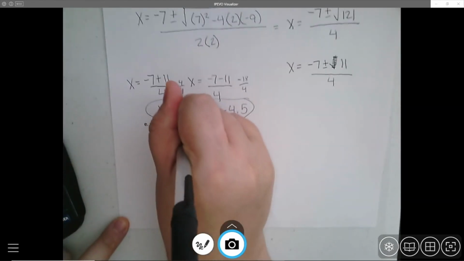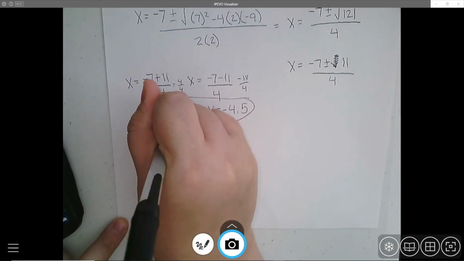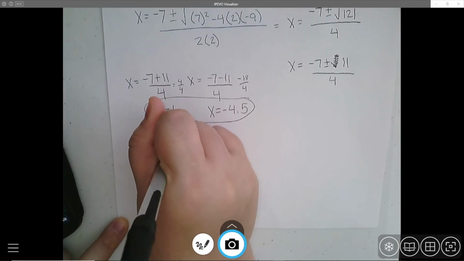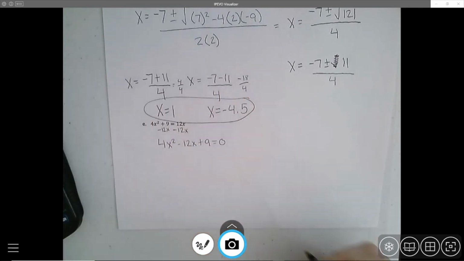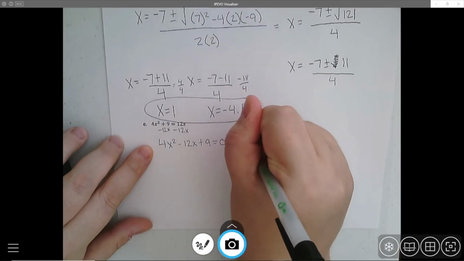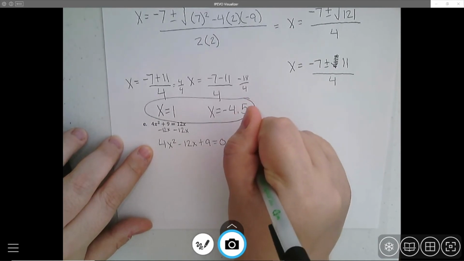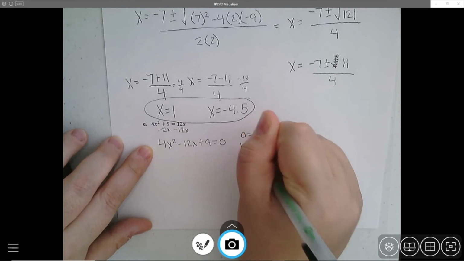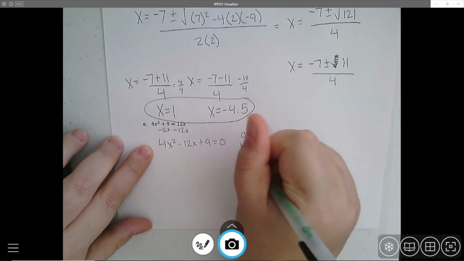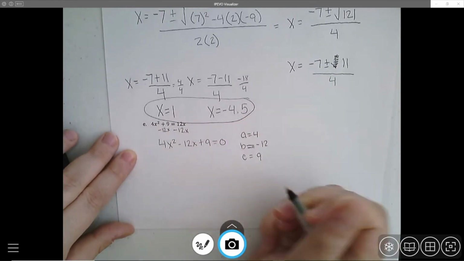Again, I'm going to move the 12x because I need it to equal 0. So 4x squared minus 12x plus 9 equals 0. Now I can identify A, B, and C. A is 4, B is negative 12, and C is 9.